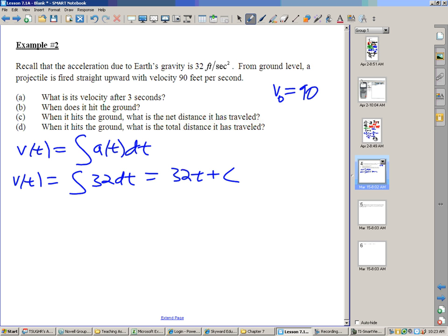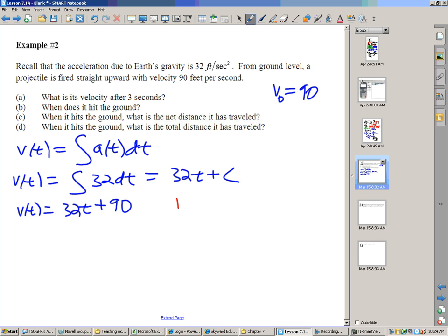They're telling us that when you put 0 in for time, you get 90 out for the velocity. So that means this arbitrary constant here is going to be 90. So the velocity function is going to be 32t plus 90. That's part A.